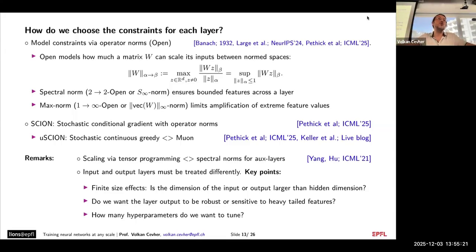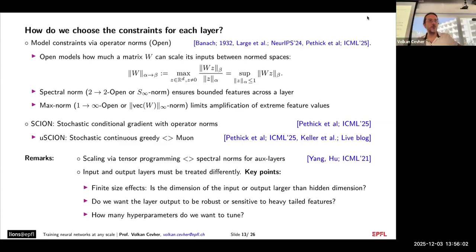For the input and output layers, you need to be a little bit more careful, just because things like mu-P theory, maximal update parameterization, which put a lower bound and an upper bound on the updates so that your training is stable, it turns out that the input and output layers are kind of abnormalities. Reason being is that in mu-P, you make the width of the layers go to infinity, and yet in neural networks, your vocabulary size is so large that your widths are not going larger than the vocabulary size. And those need to be treated a little bit more specially.